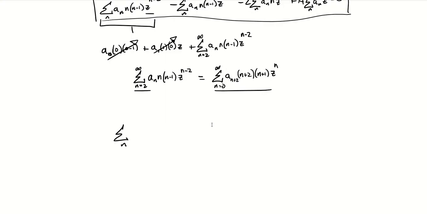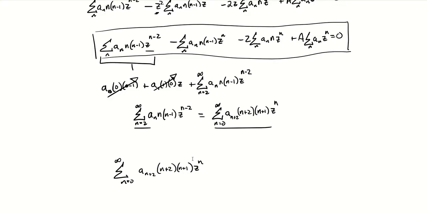We have the sum over n, summing from 0 to infinity of all of these terms: a sub n plus 2 times (n plus 2) times (n plus 1) z to the n, and then, scrolling down a bit, the rest of these terms: minus a sub n times n times (n minus 1) z to the n, minus 2 a sub n times n z to the n, plus a times a sub n z to the n, all equal to 0.